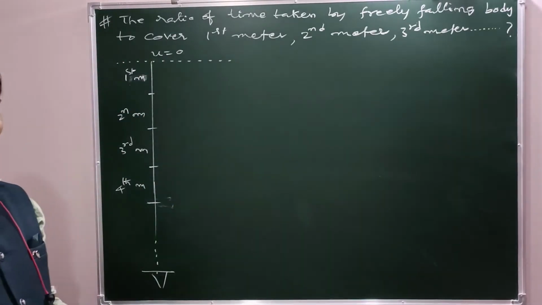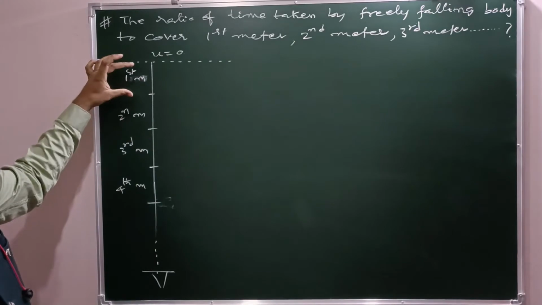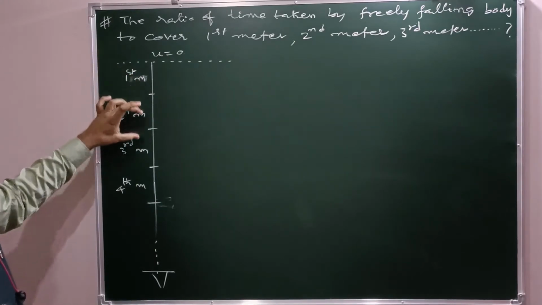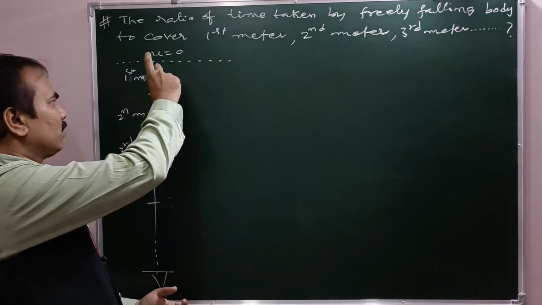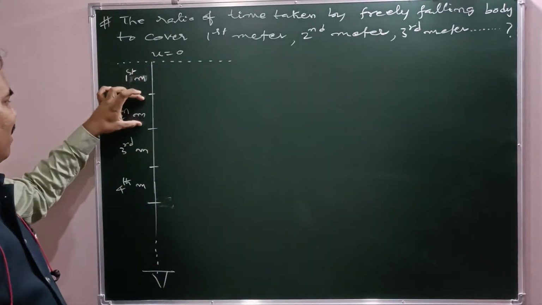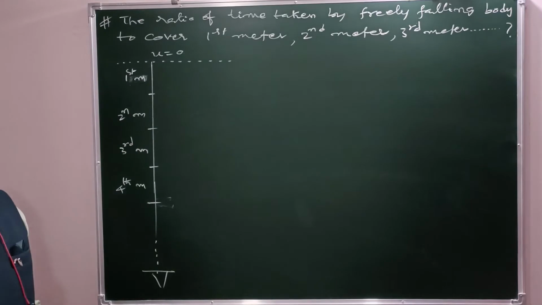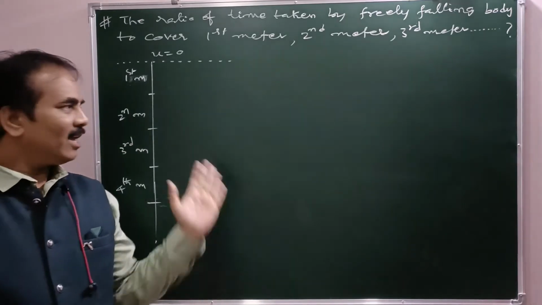Now the total path length is divided into equal segments, each of 1 meter: first meter, second meter, third meter, fourth meter, like that. Of course, of equal sizes only. Total path is divided into equal segments as shown.